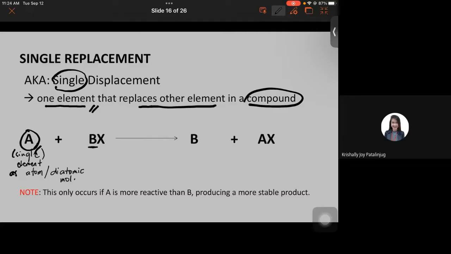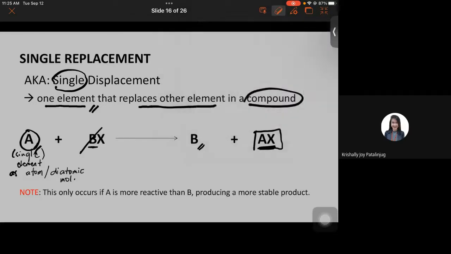So as it displaces or replaces the element B from BX, the compound formed now is AX, and the single element on the product side would now be the substance B. Kumbaga sinipa ni sample A yung element B sa compound na BX. Okay, so single displacement. That's it.